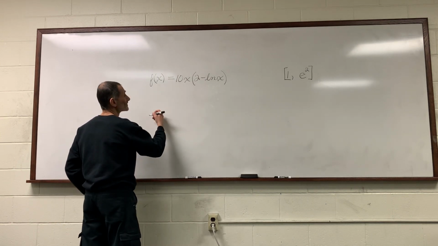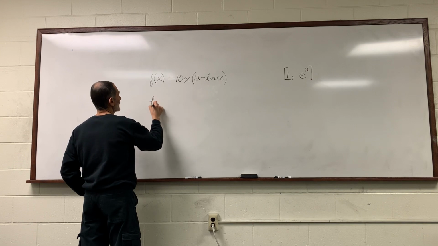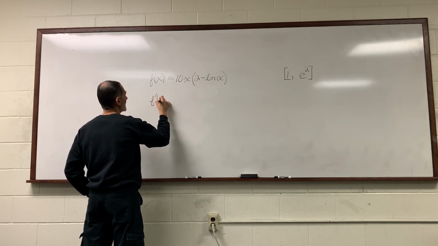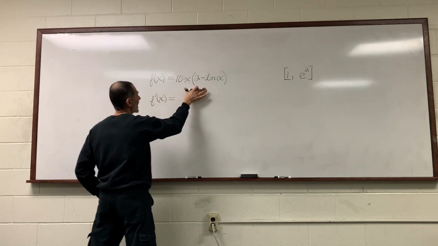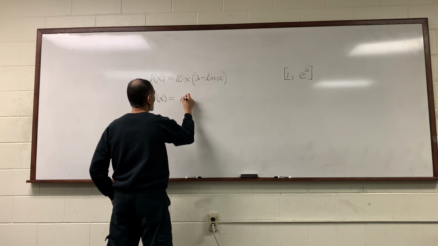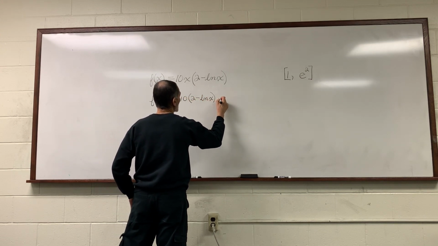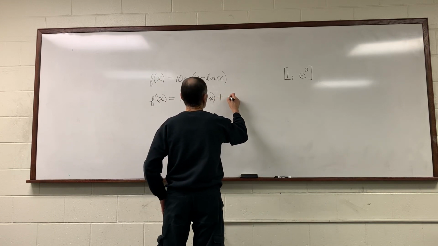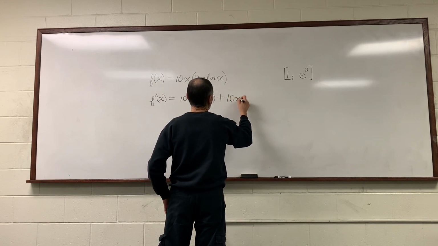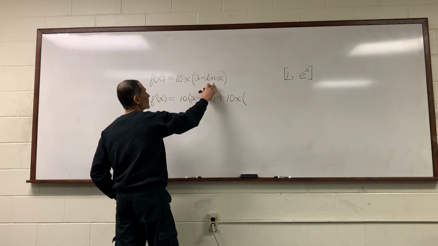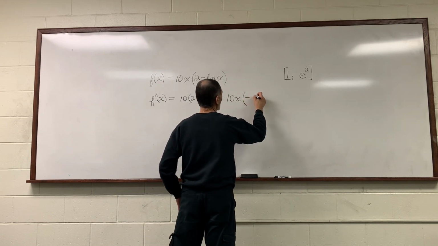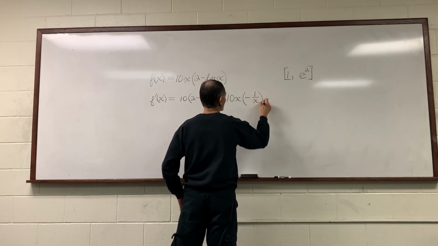So, first, let's take the derivative and find our critical numbers. F prime of x, we're going to use a product rule here. 10 times 2 minus ln x plus 10x times the derivative of 2 minus ln x, negative 1 over x.